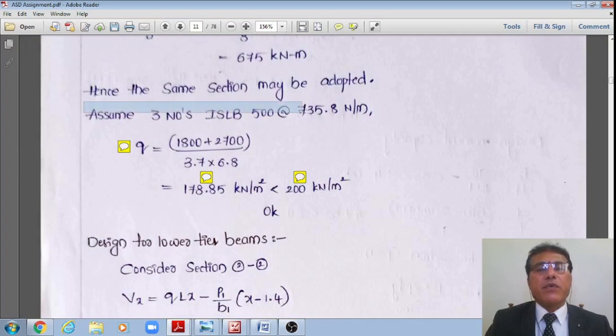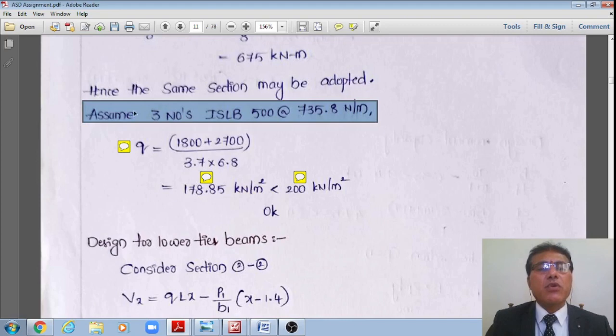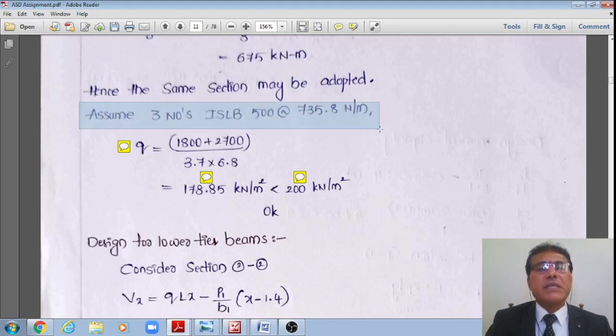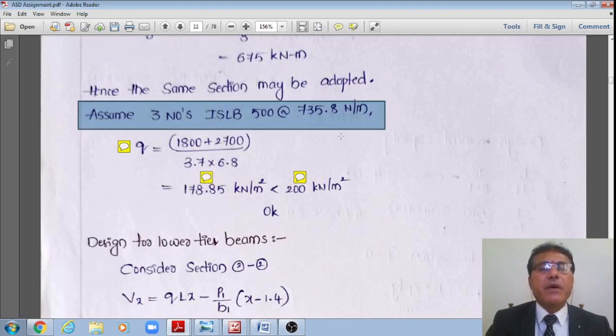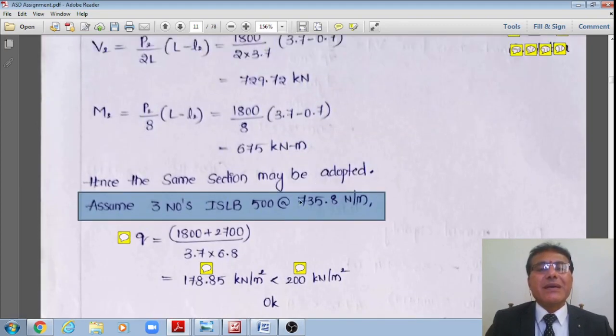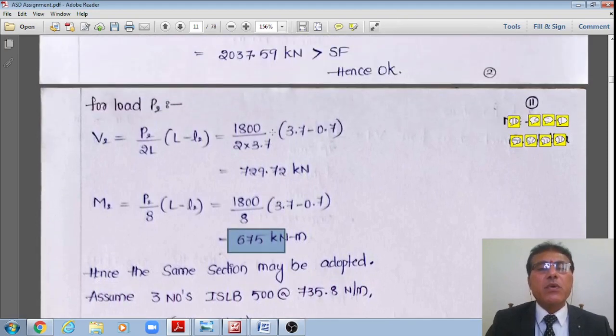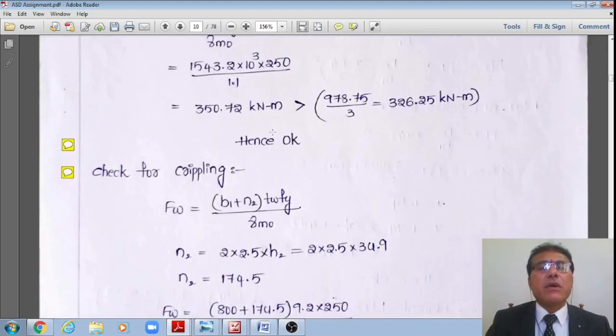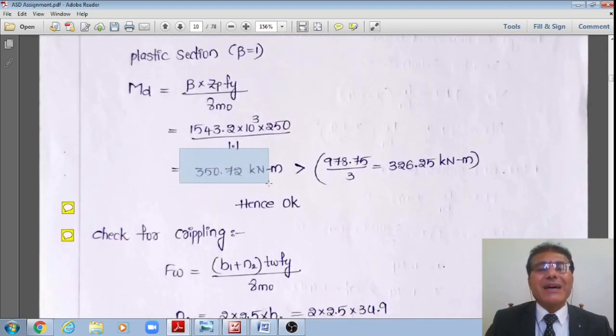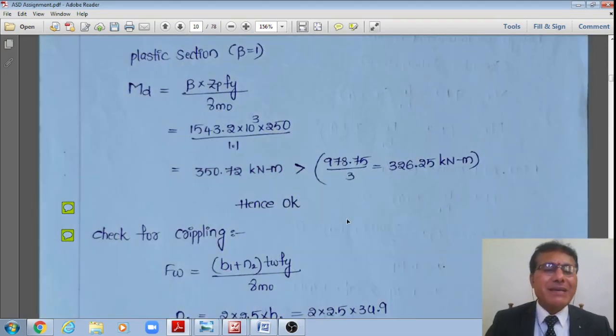Therefore, I'm assuming the same three ISLB 500 at the rate of 73.58 kg per meter as my final sections, because it is able to resist. The bending moment on each beam is 675 divided by 3, which means 225 kilonewton meter only, whereas the previous section could resist a bending moment of 350.72. Hence, I am proceeding with the same section.